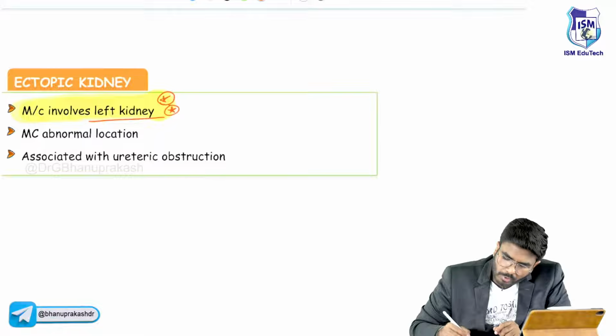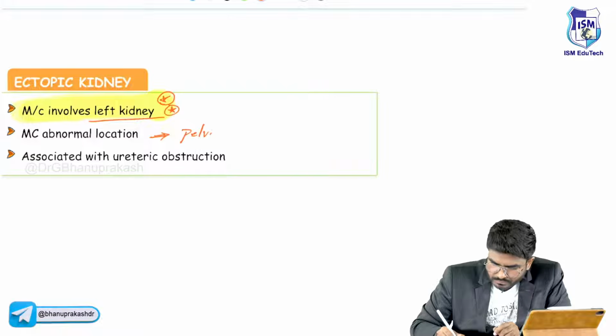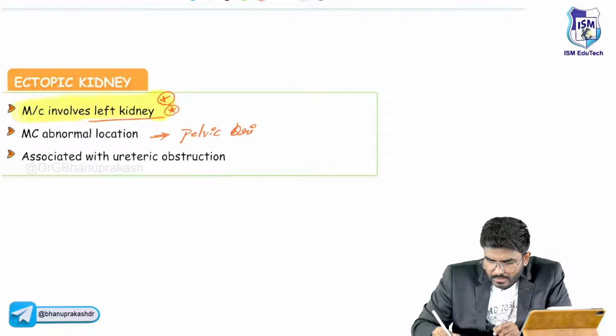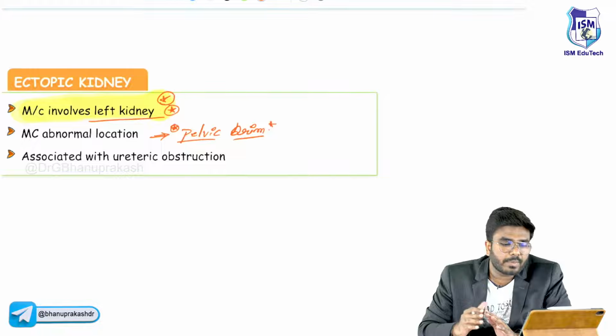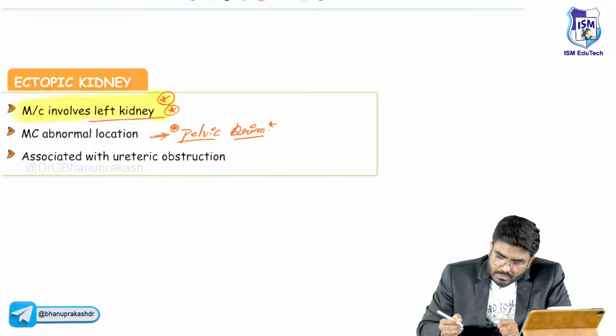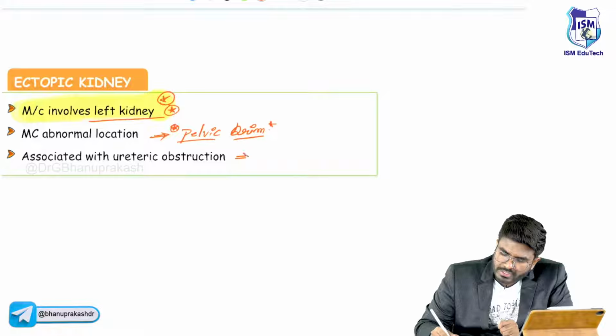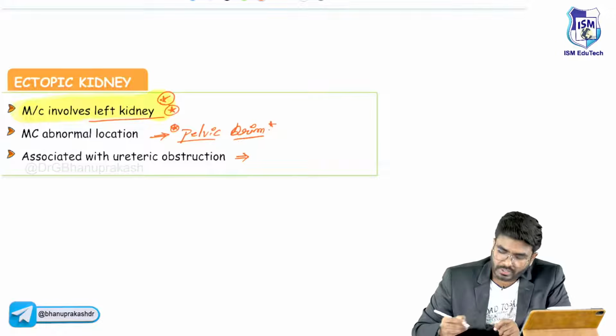What is the most common abnormal location? The most common abnormal location is going to be the pelvic brim. So the kidney is located in the pelvic brim, not in the abdomen. These ectopic kidneys are associated with ureteral obstruction.